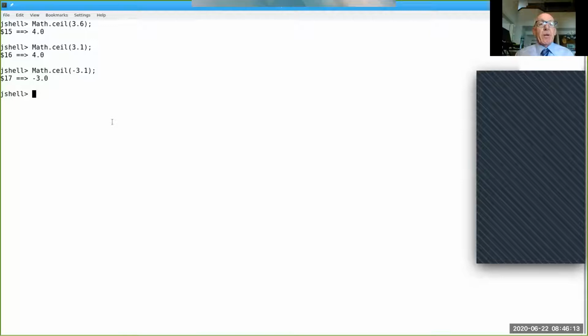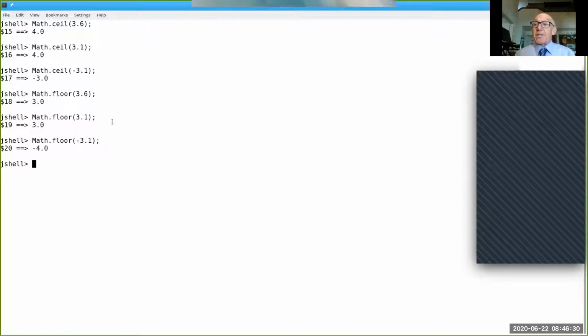It returns it, by the way, as a double. Along with ceiling, there's the floor function. Math.floor of 3.6 gives me 3. And floor of negative 3.1 will give me negative 4. It's the first integer that's less than or equal to that. What happens if I try something like this, by the way, 3.0? It gives me 3.0.